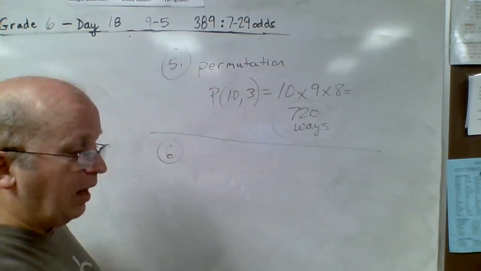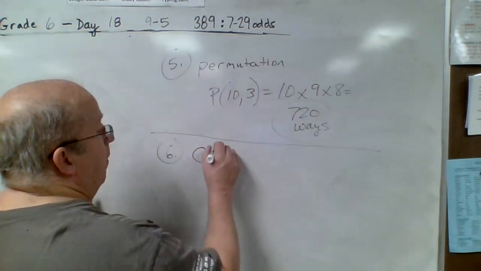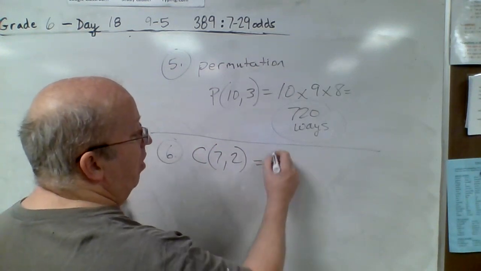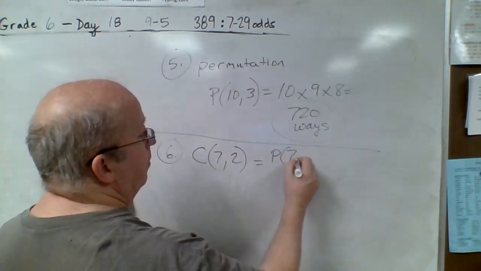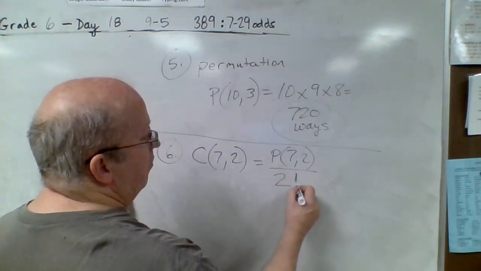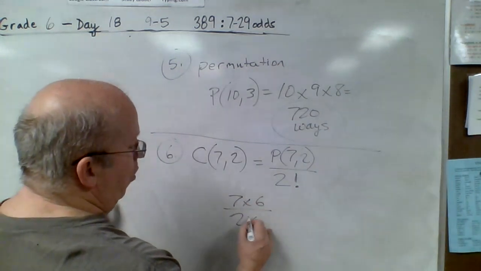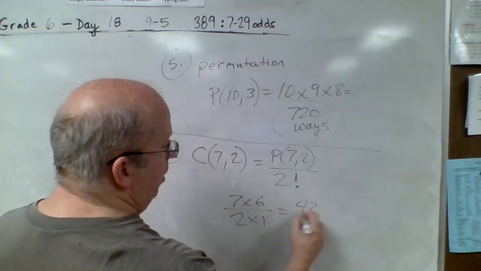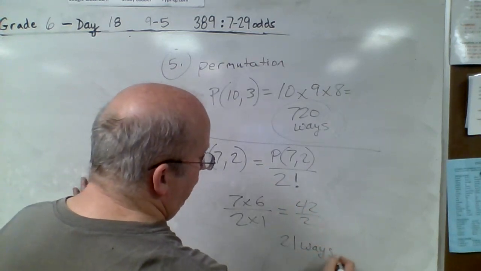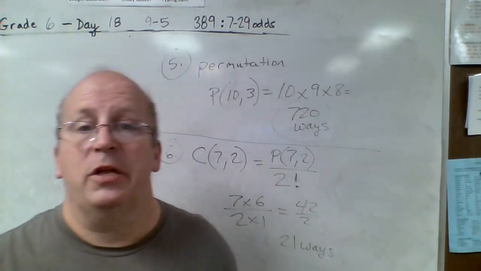So this is a combination problem of 7 puppies picked 2 at a time. We solve this by first thinking of it as a permutation over the second number factorialized. So this becomes 7 times 6 over 2 times 1, which is 42 over 2, which means there's 21 different ways to pick puppies for this particular case.